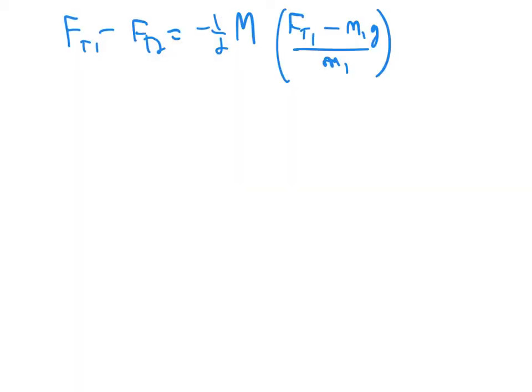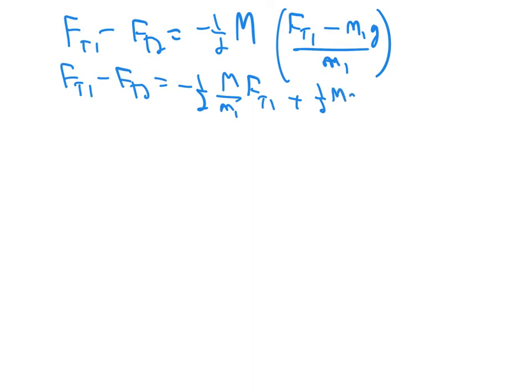Now, the algebra here is not particularly great. We would need to combine up the right-hand side, so FT1 minus FT2 is minus 1/2, and then distribute all of this. So I'll have M over m1 times FT1 plus 1/2 Mg.